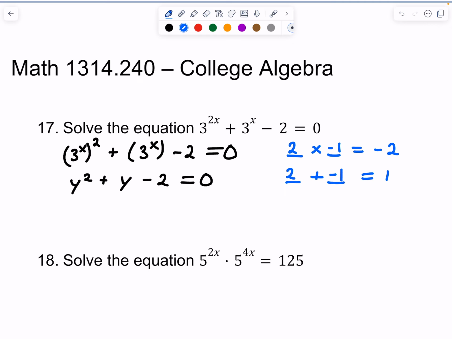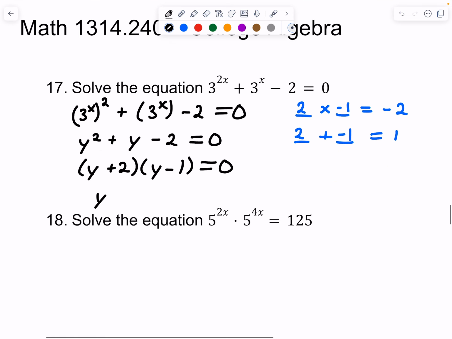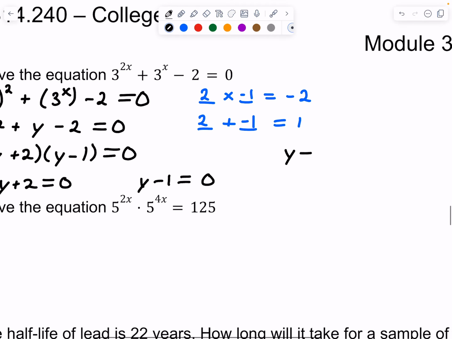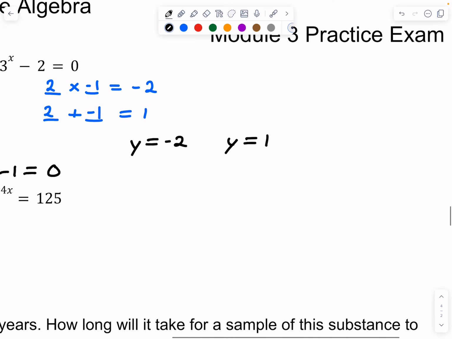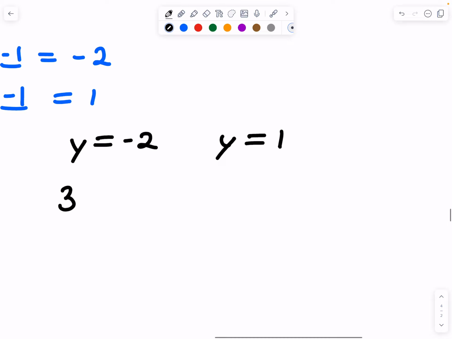So this is going to factor as y plus 2 and y minus 1. So that means we've got y plus 2 equals 0 or y minus 1 equals 0, which if we solve each of them, we get y equals -2 and y equals 1. But you may remember, it wasn't really y, it was 3 to the x.